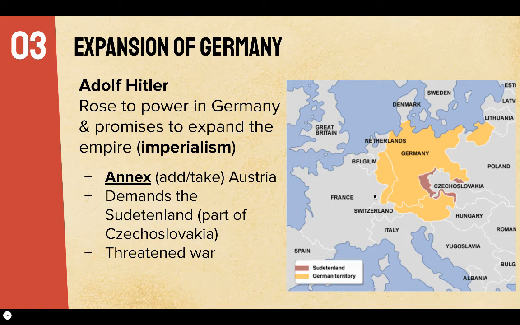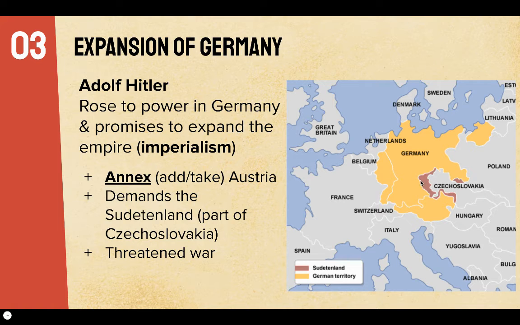I want you guys to look at this map here along with me, where Germany is here in the orange, yellowish color. A couple things Hitler starts to do is he annexes or takes Austria. He demands the Sudetenland, which is this little reddish, I guess, pinkish color here on the map, where the Sudetenland is part of a country that was called Czechoslovakia.